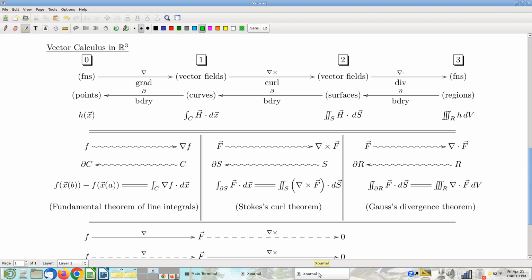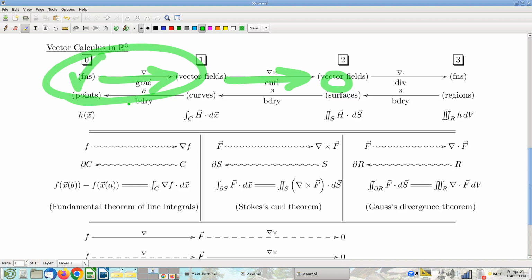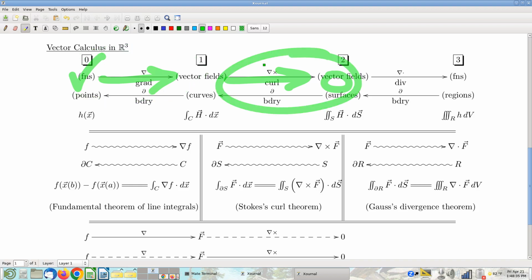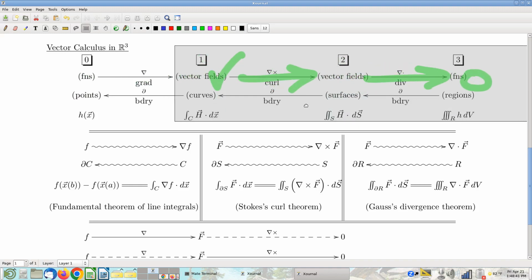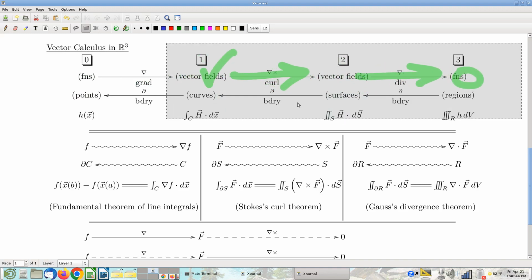Again, the pattern holds in terms of exactness. This whole sequence here is exact, in that if curl is 0, then there is an anti-gradient. And said differently, if there is an anti-gradient, in other words if you're looking at a gradient field, then in fact curl is 0. Not only is that true, but furthermore, it's true one notch over also.